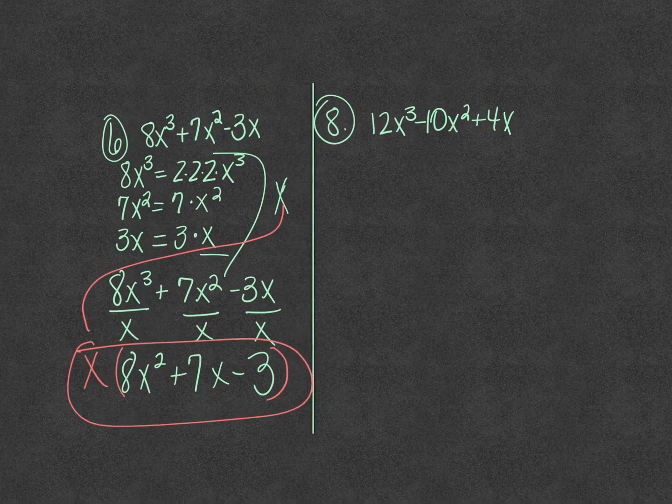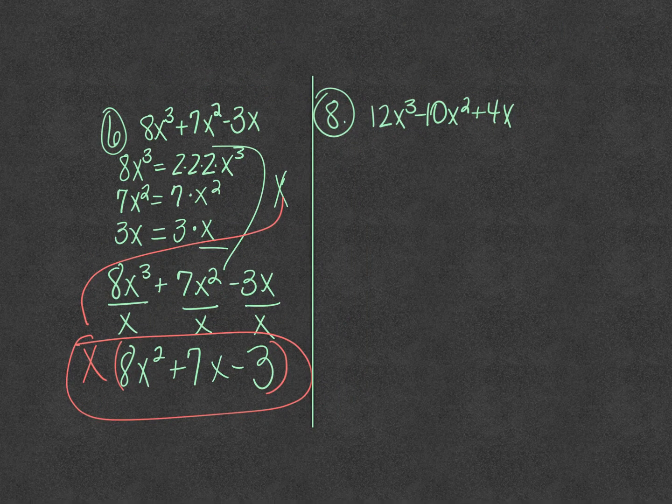Okay? Number 8, let's look at this one together. So we have 12x to the third, 10x squared, and 4x. All right?